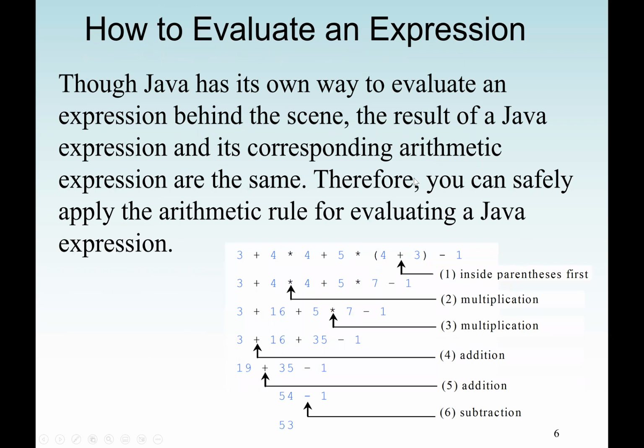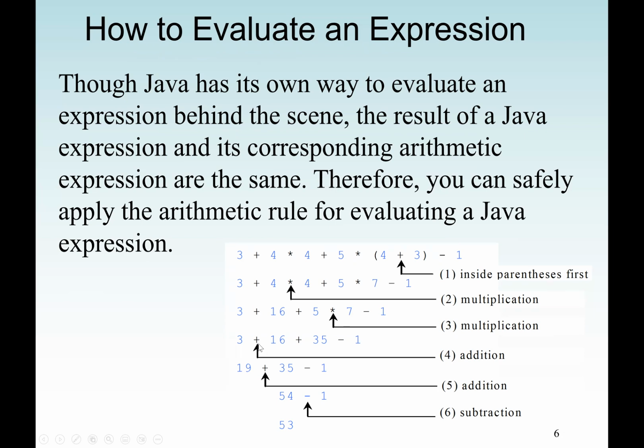Now, how to evaluate an expression is the same as basic arithmetic, the order of precedence. Parentheses come first, then exponent, multiplication, division, then addition, subtraction. If we have this expression, the first is the parentheses. After parentheses, from left to right, multiplication and division. From the left, we have our first multiplication, 4 times 4, then our second multiplication, 5 times 7.